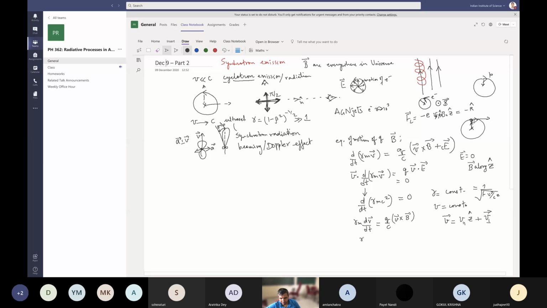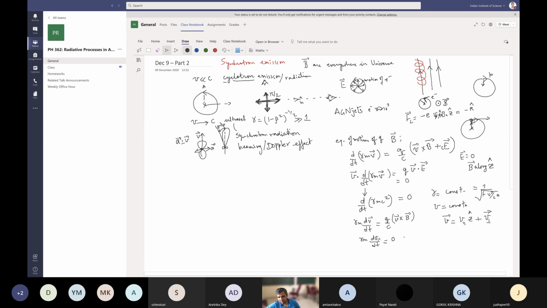So gamma m dv parallel/dt is equal to... how does v parallel change? 0, right? Because B hat dot v cross B is 0, because B hat is perpendicular to this.